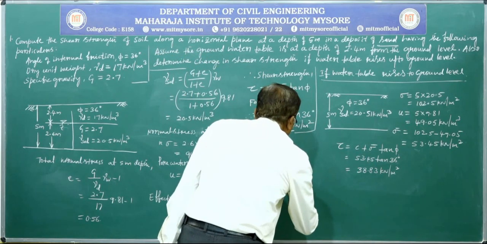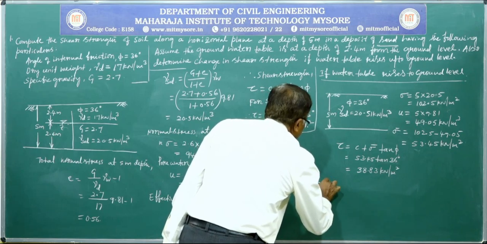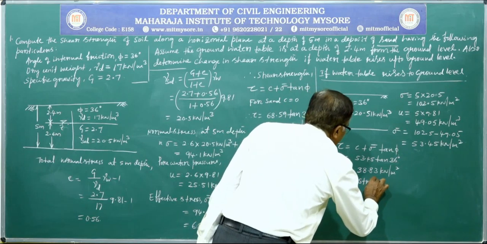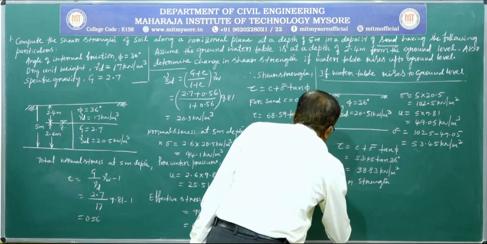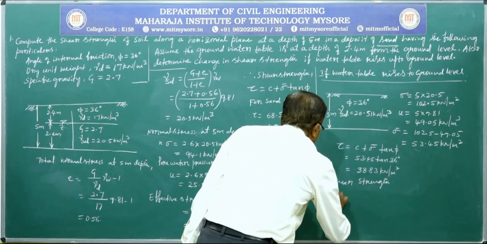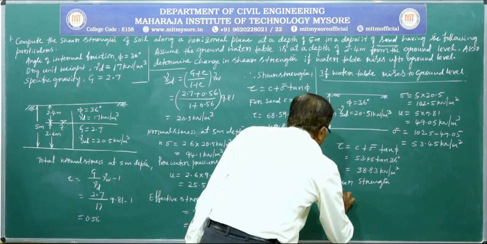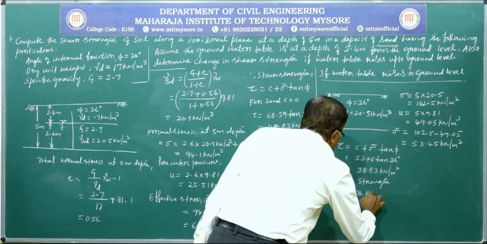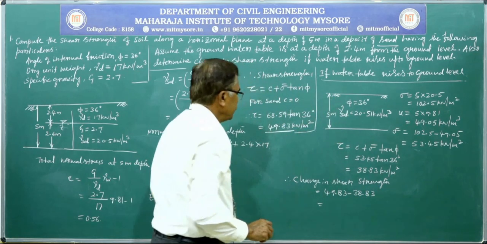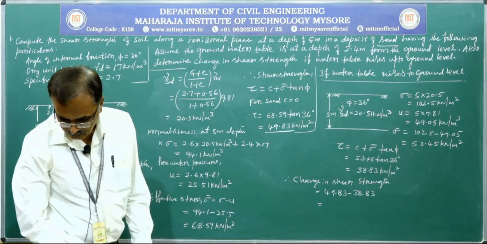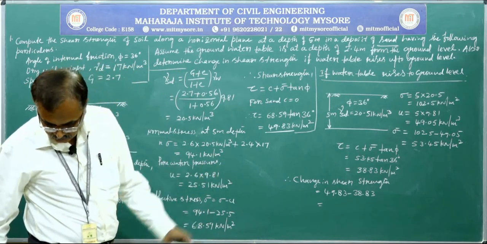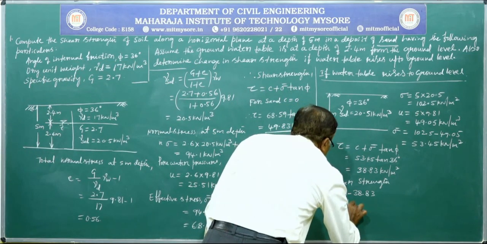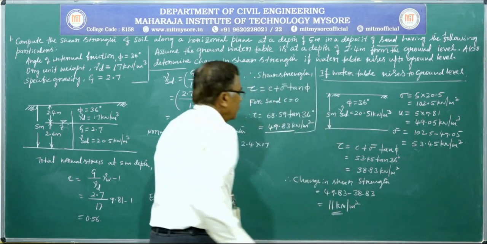Therefore, change in shear stress or shear strength is equal to 49.83 minus 38.83, that is equal to 11 kilonewton per meter square.